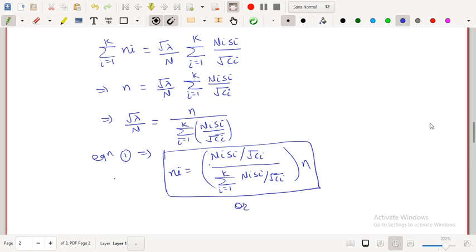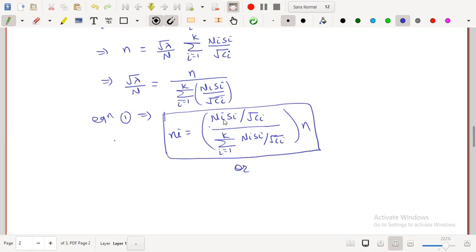Or if we divide the numerator and denominator on this side by n, then this will be Ni upon n, and here it is also Ni upon n. Ni upon n will be Wi. So this expression will be like this: Wi Si upon root of Ci, divided by summation i running from 1 to k Wi Si upon root of Ci, into n.